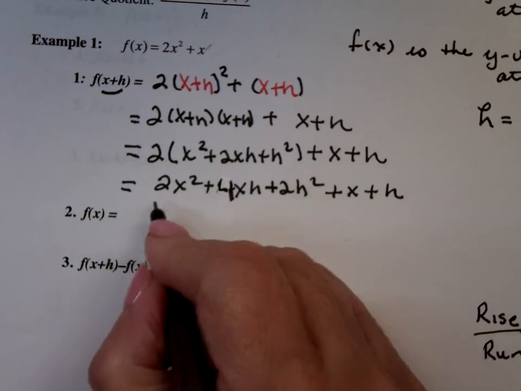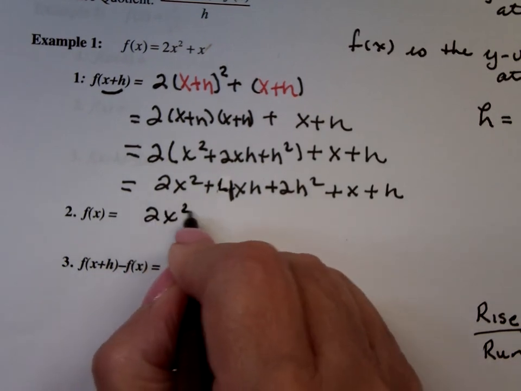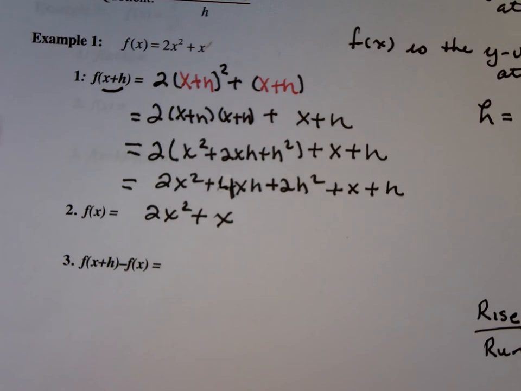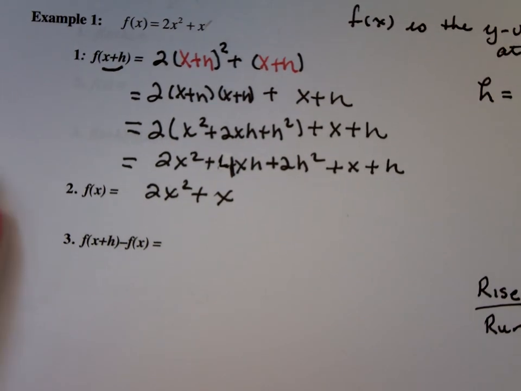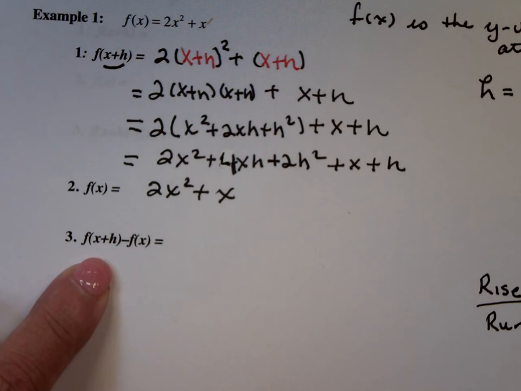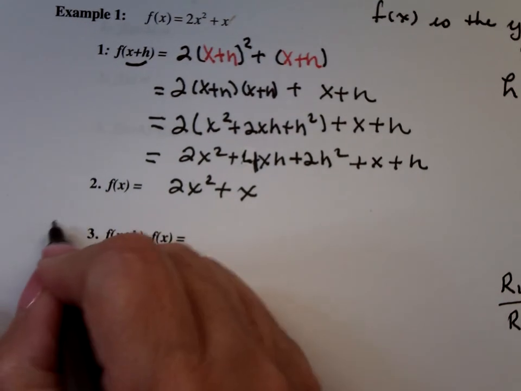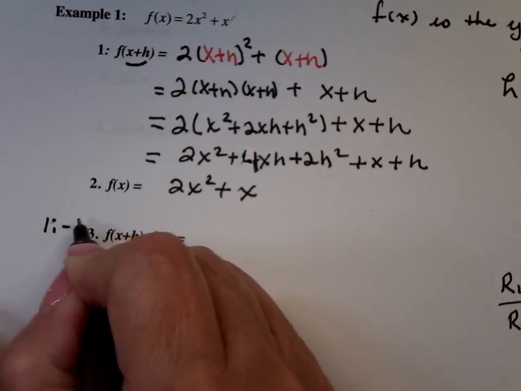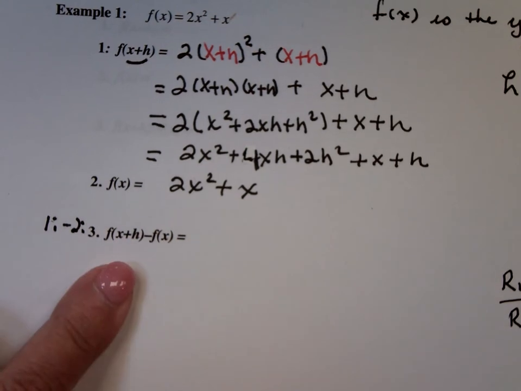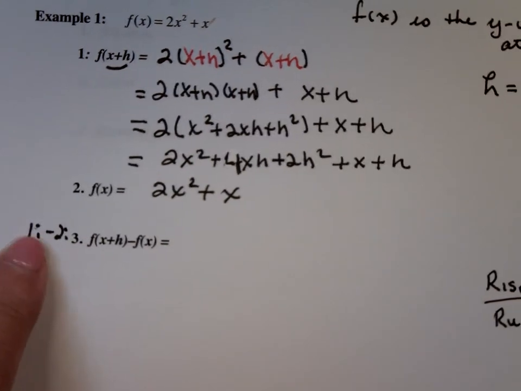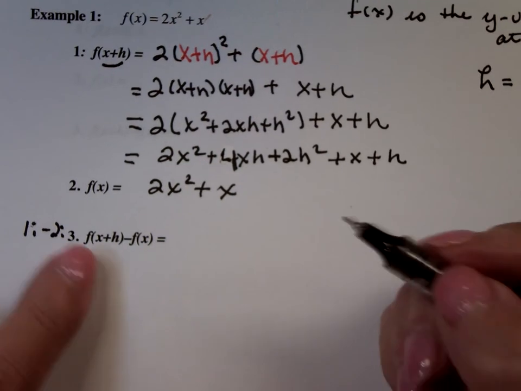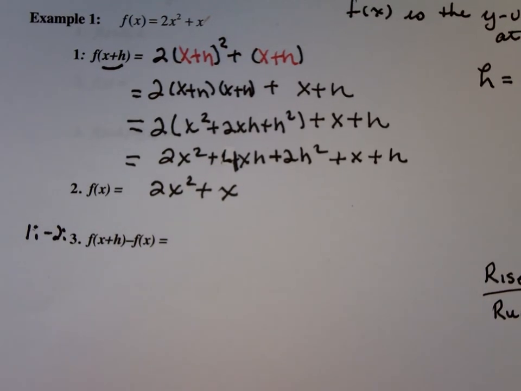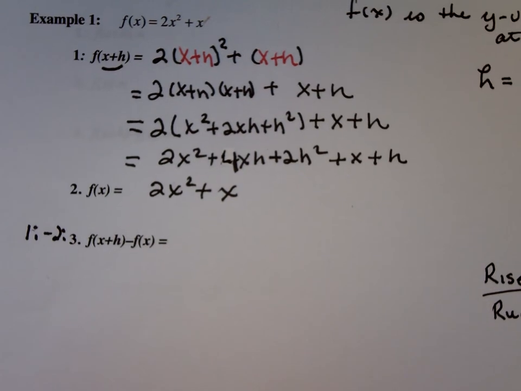F of x is just the original. And then it says, now take and subtract 1 and 2. Take what you got in 1 and subtract what you got in 2. The same issues that you have in college algebra you have in calculus: you've got to be very careful, write it correctly, and work slowly to make sure you don't make an error.